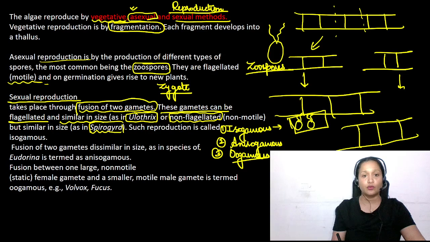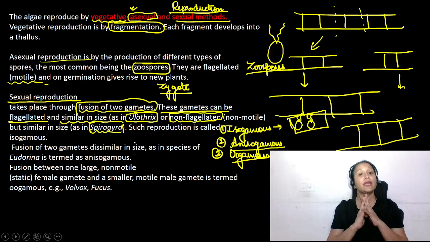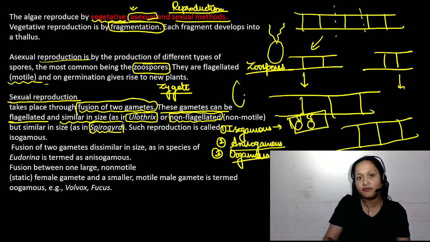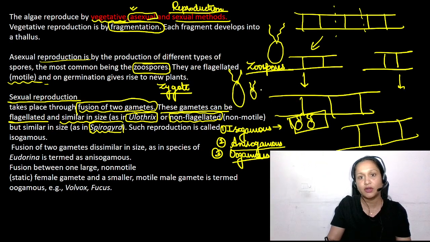Clear? Now, next is anisogamous type of reproduction, where the fusion of two gametes is going on, of course, but they are dissimilar in size. Size is variable. Of course, one is larger and one is smaller. The smaller one is male gamete.